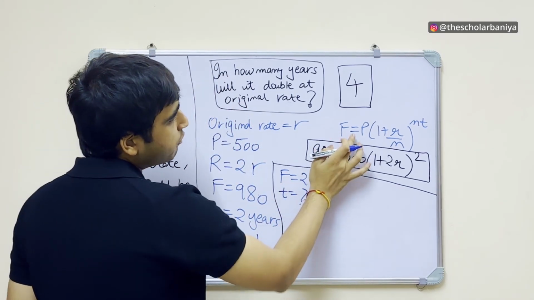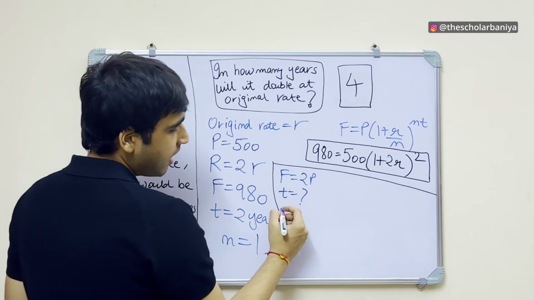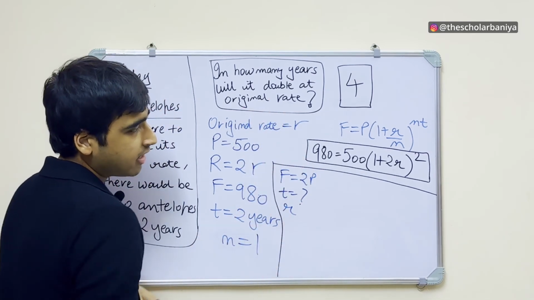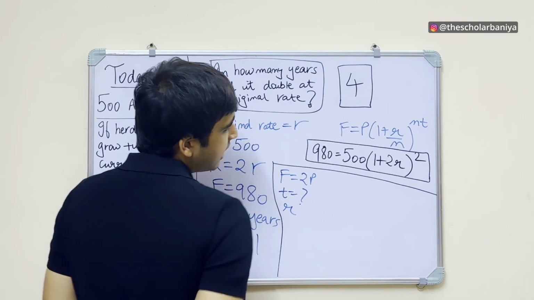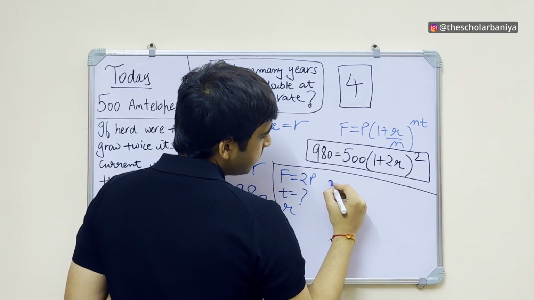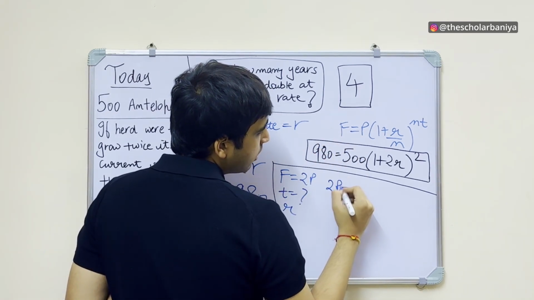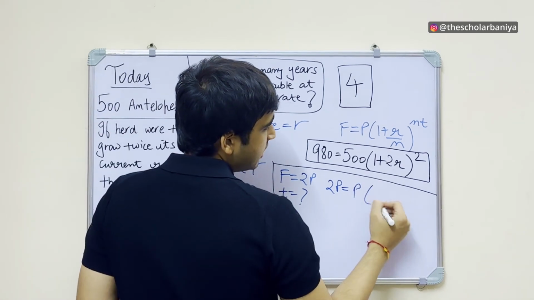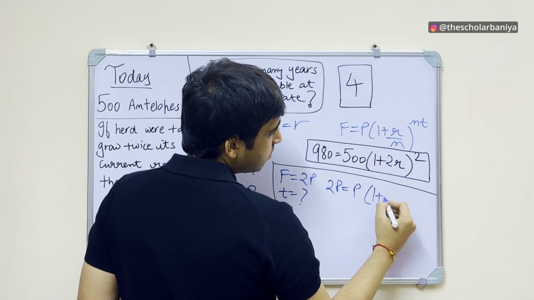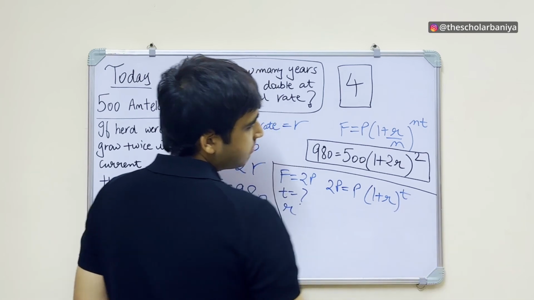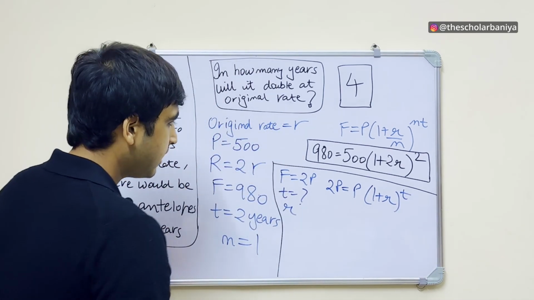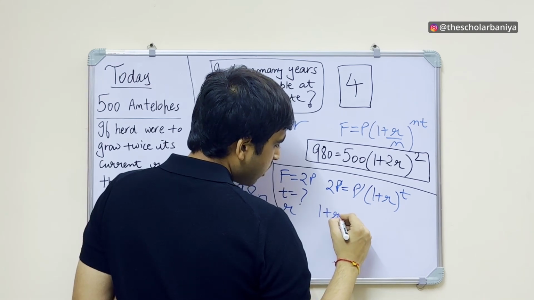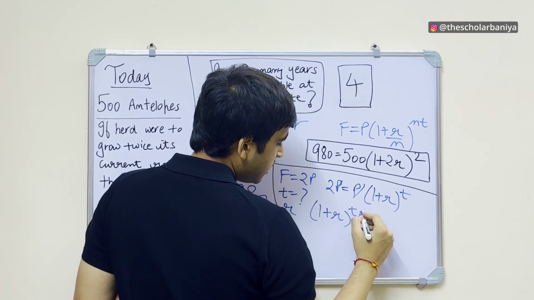So now if we use the formula and r remains the same, the original rate r, then f becomes 2P equals P times (1 + r) to the power t. I hope this should be clear, right? So P and P cancel. So (1 + r)^t equals 2.